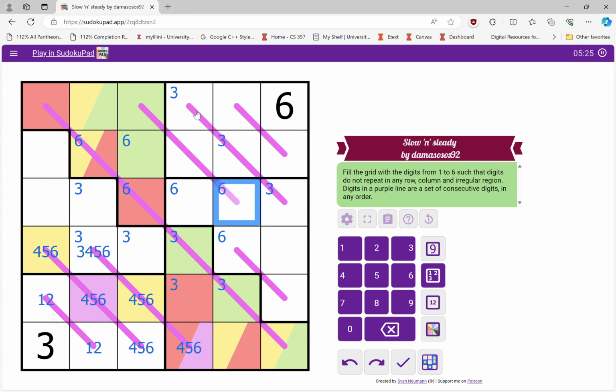Because if I have a 3 here, then this one also needs to be a 3, and that's going to break this group of cells down here. So, yeah. Okay. Let's see. Then one of these 2 is a 3, or this is a 6. Okay, I don't think that's going to get me anywhere really at the moment.